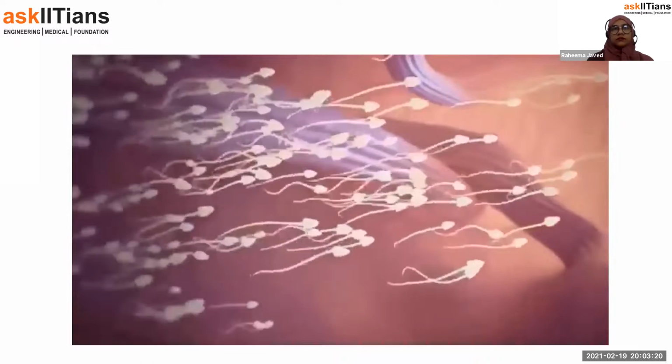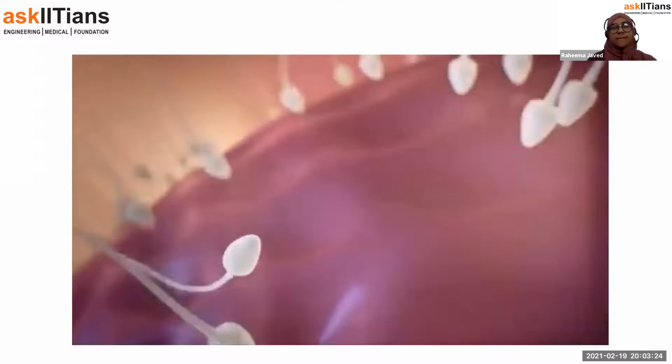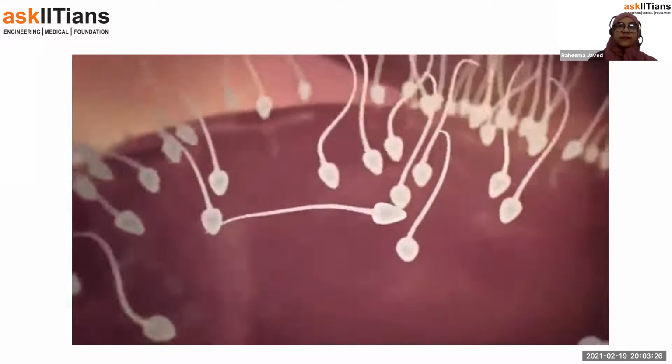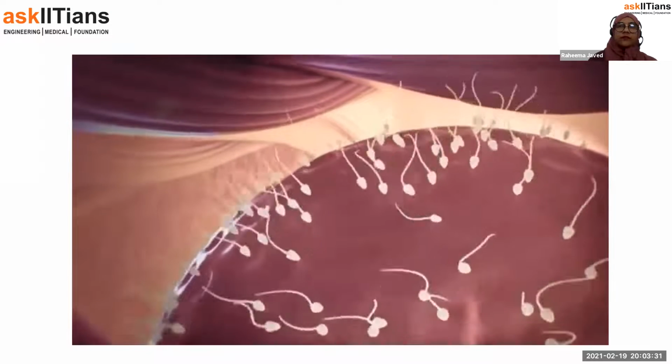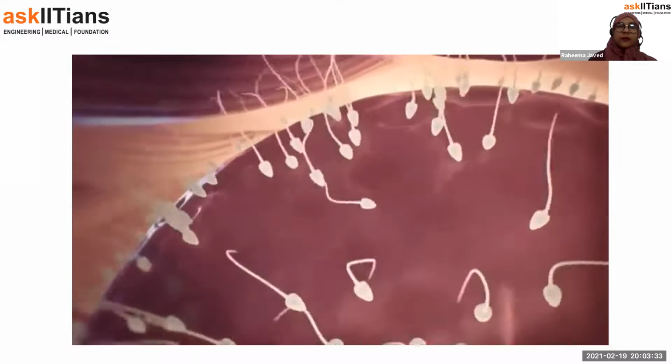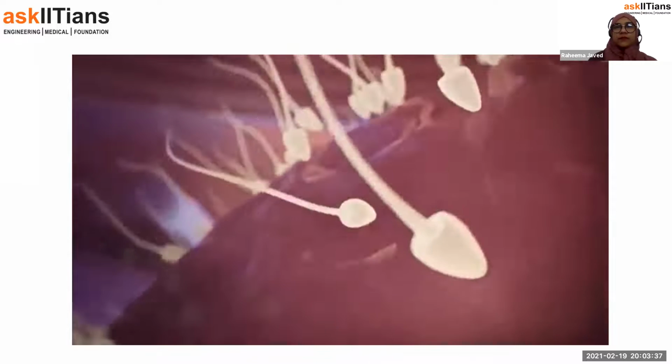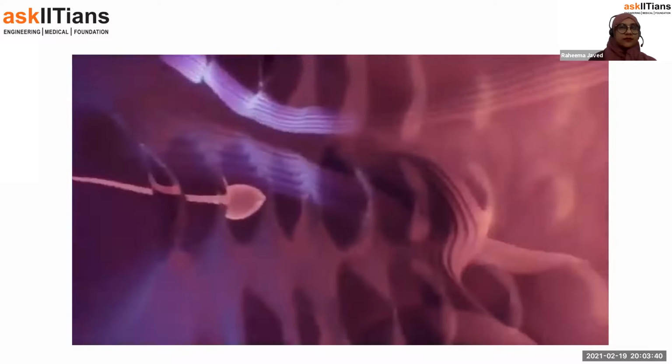Those who make it closer to the end compete fiercely with each other. Together, they attack the egg cell. Their only goal is to be the first one to enter the egg. Only one will make it through, but the others simplify this mission by slowly dissolving the membrane of the egg.